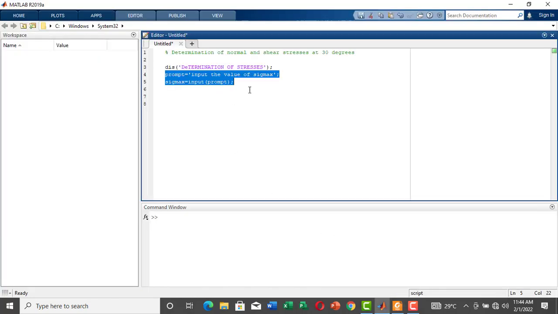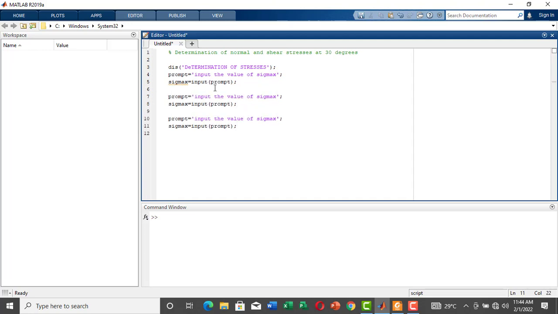So I've copied this, right? Control C, and let me come to line 7. Let me say Control V. Then let me say Control V again. Then this is still going to be prompt. Then this is input the value of, let me just say sigma y. Then my sigma y will now be the value of that.